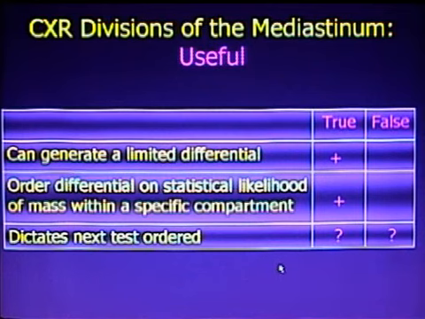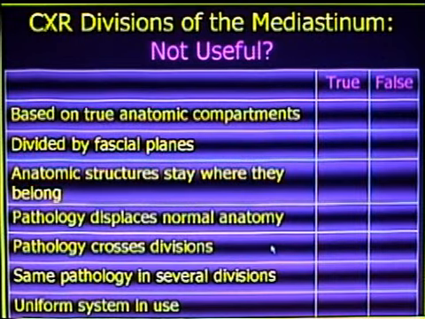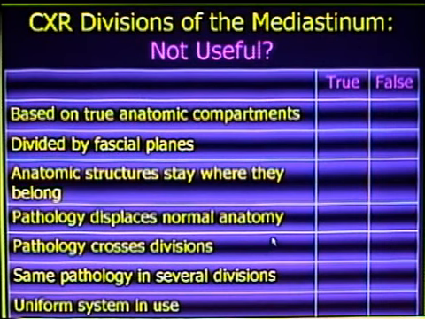Well, I think that is really a moot point, because in fact, if you suspect a mediastinal mass on a chest X-ray, whether it's a middle or a posterior or an anterior mediastinal mass, no matter where you are in this morass, the fact is the next test ordered in almost all cases is a contrast-enhanced CT. Now, there are some disclaimers there, but for the most part, once you suspect a mass on radiography, you're going to get a contrast-enhanced CT.